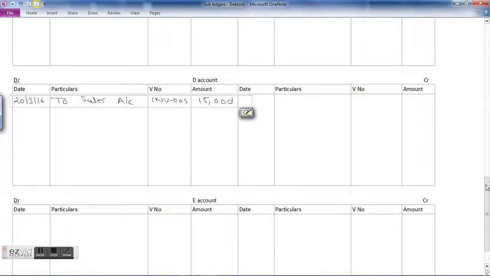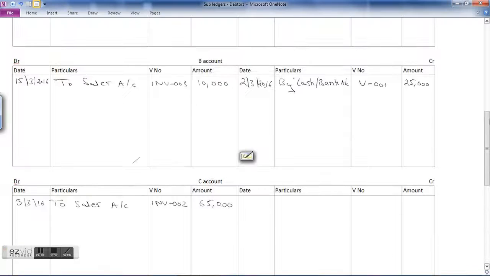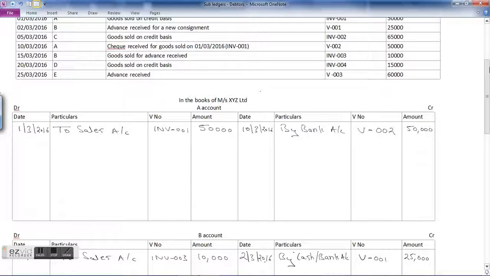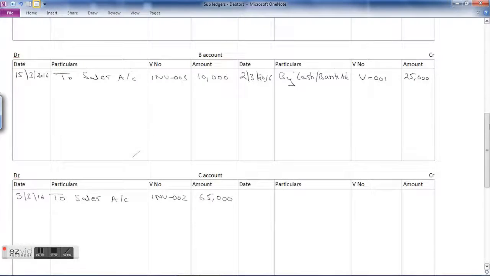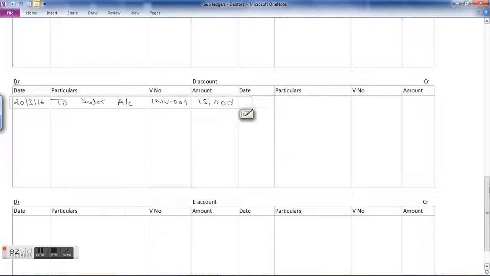Now the next transaction is on 25/3/2016, E, advance is received from Mr. E, voucher number is V003, amount is 60,000. So the entry will be cash or bank account debit to E's account.